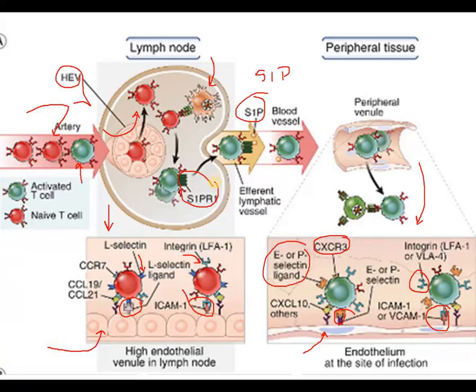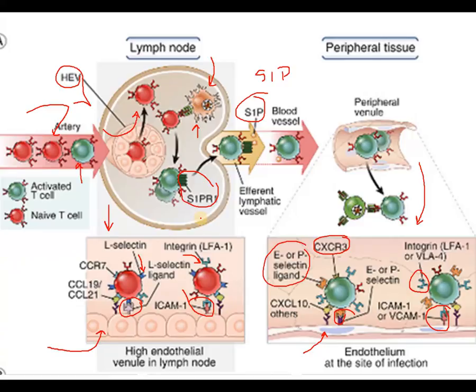If the T cell doesn't recognize antigen, the T cell will follow that sphingosine 1-phosphate gradient. It's actually higher in the lymph and the blood, as noted earlier. It will follow it out into the efferent lymph vessels, so following the higher concentration gradient. But if antigen is recognized in the lymph node, so something like this is happening, then the expression of the sphingosine 1-phosphate receptor on the T cell is actually going to be suppressed for a few days.